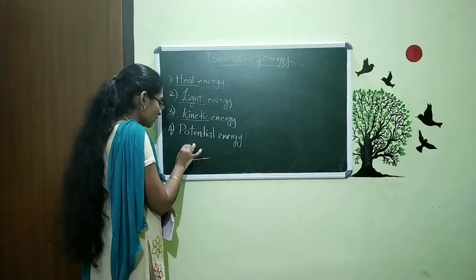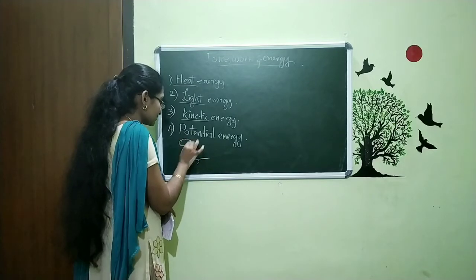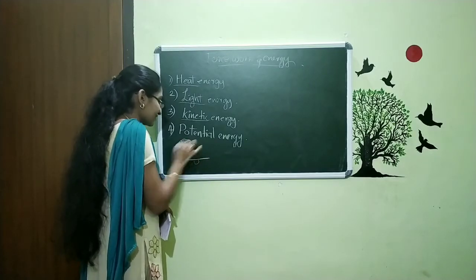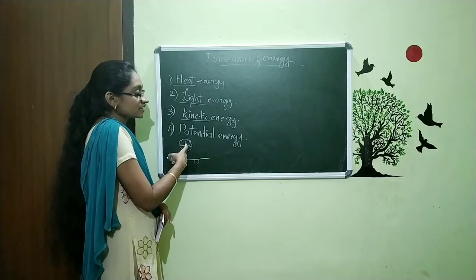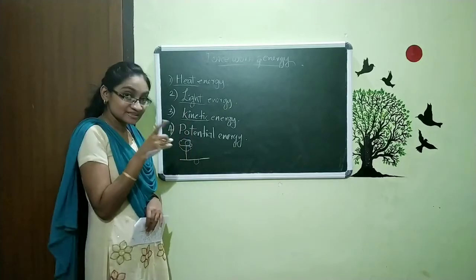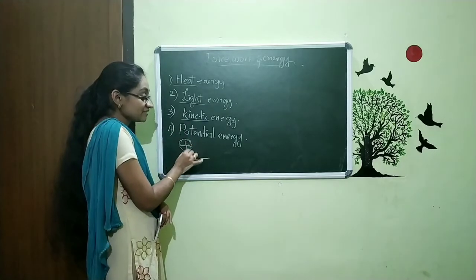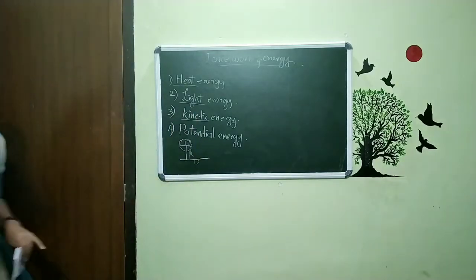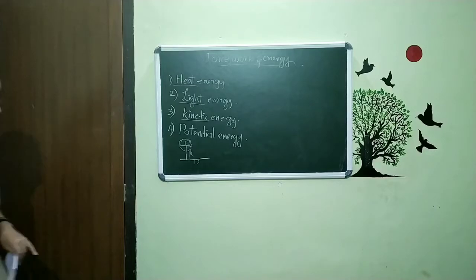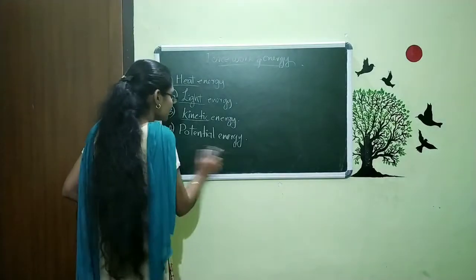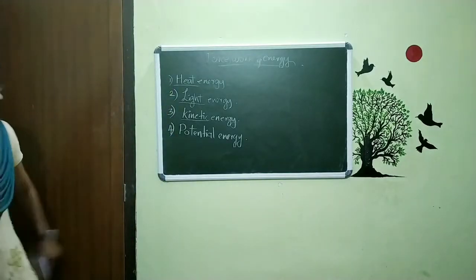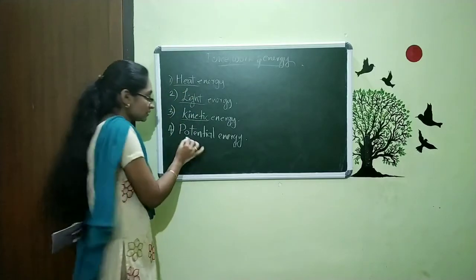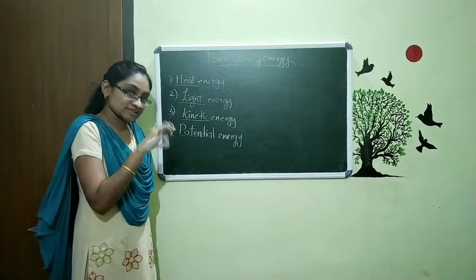But when this ball is at a height, suppose this ball is on the tree, then this ball has potential energy. The reason is that now this object is at a particular height. We can discuss it later. Now just remember the term potential energy, and it is to do with position or height.